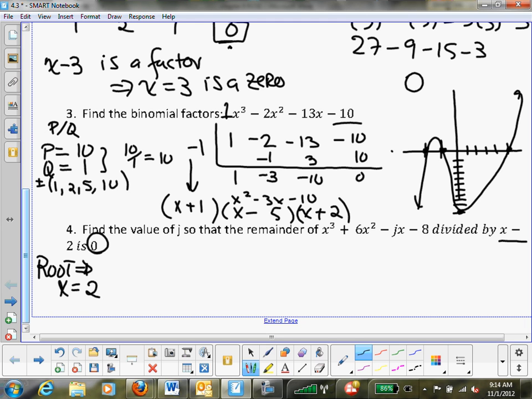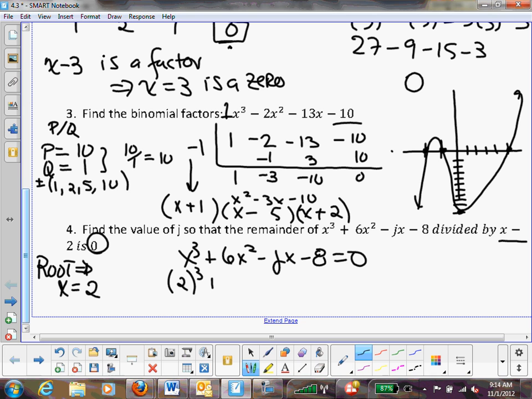Okay. So if I'm supposed to get this equal to 0, right? Because it's only going to equal 0 if I can find the appropriate value for j when x is 2. What am I going to do? Substitute in 2. 2 cubed plus 6 times 2 squared minus j times 2 minus 8 equals 0.